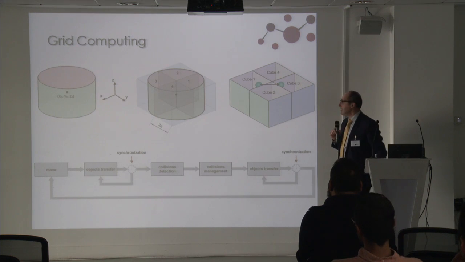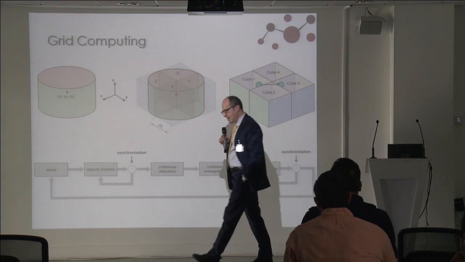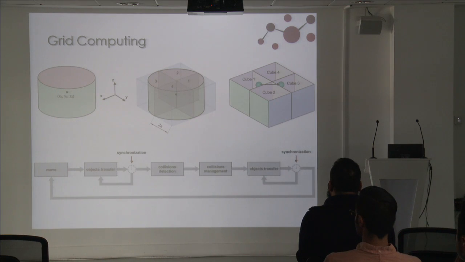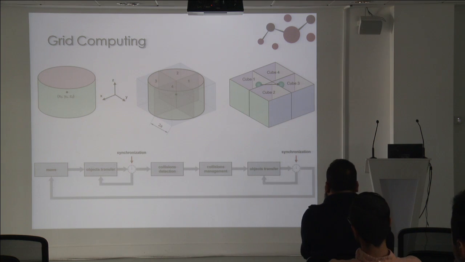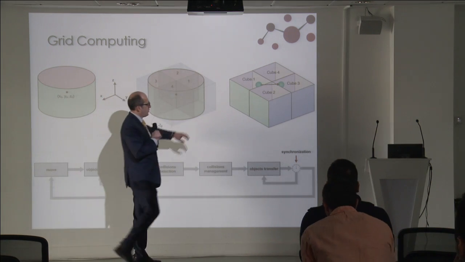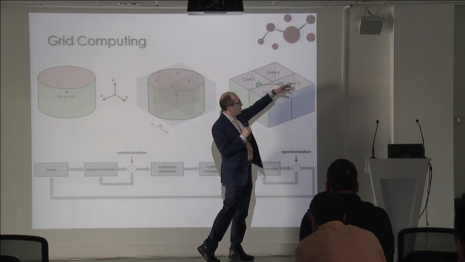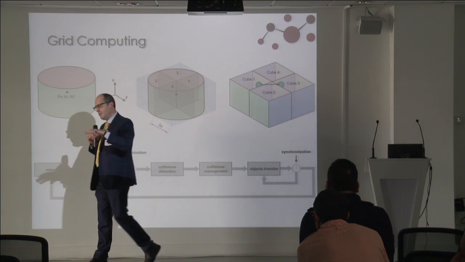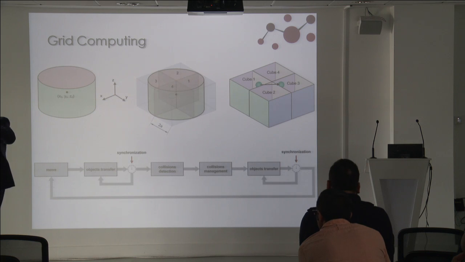I just want to say that we have also made an attempt using grid computing. We had the idea of splitting the simulation using an approach similar to the octree. So we organized the overall environment in different cubes, and we assigned each individual cube to different physical machines.